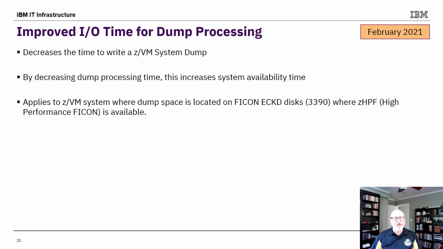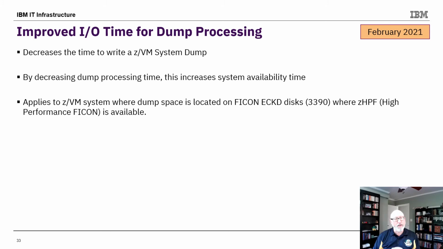So I mentioned earlier that systems are getting bigger, right? We went from 2 terabytes to 4 terabytes. With that, we want to make sure that the larger dumps that might be associated with them can be processed as quickly as possible. And so this is yet another item along the series of ones that we've done over the past couple of years to improve I/O performance for dump processing.